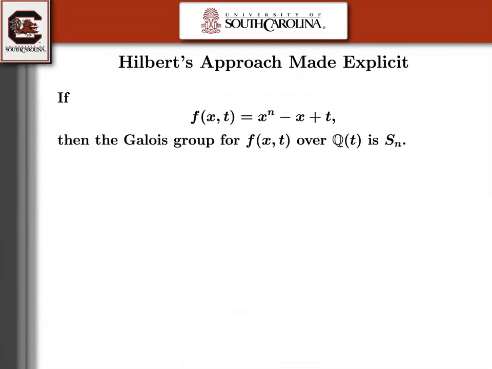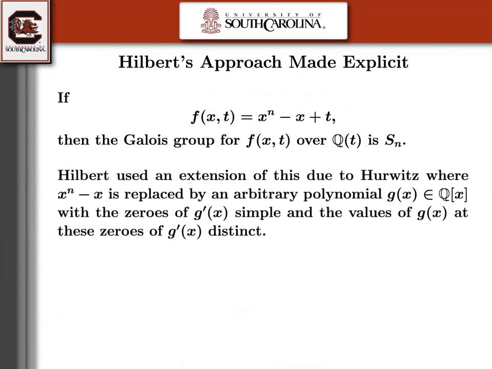So what he says is that you can take instead a g of x plus t, as long as g of x plus t has these properties that the zeros of g prime of x have multiplicity 1, and if you plug in any of those zeros into g of x, you get different values. So I just took x^n minus x for my g of x just to make it something simple.